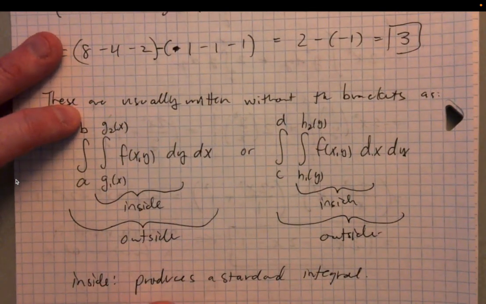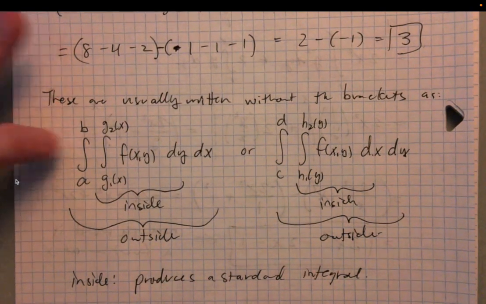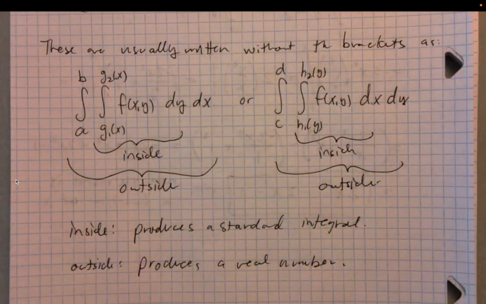And then the outside, what does the outside produce? A real number. So using this process, you can basically start with this kind of convoluted inside-outside integration setup, but what you end up with is a real number in the end.